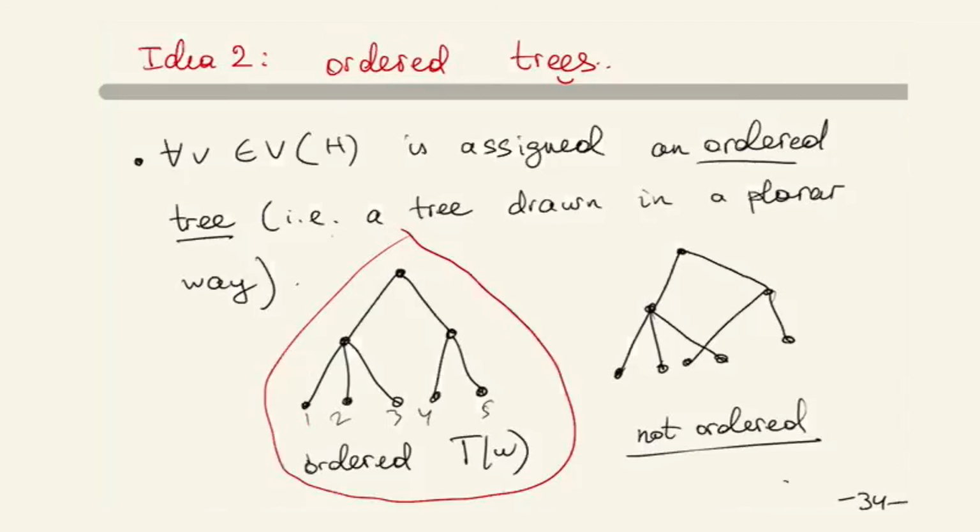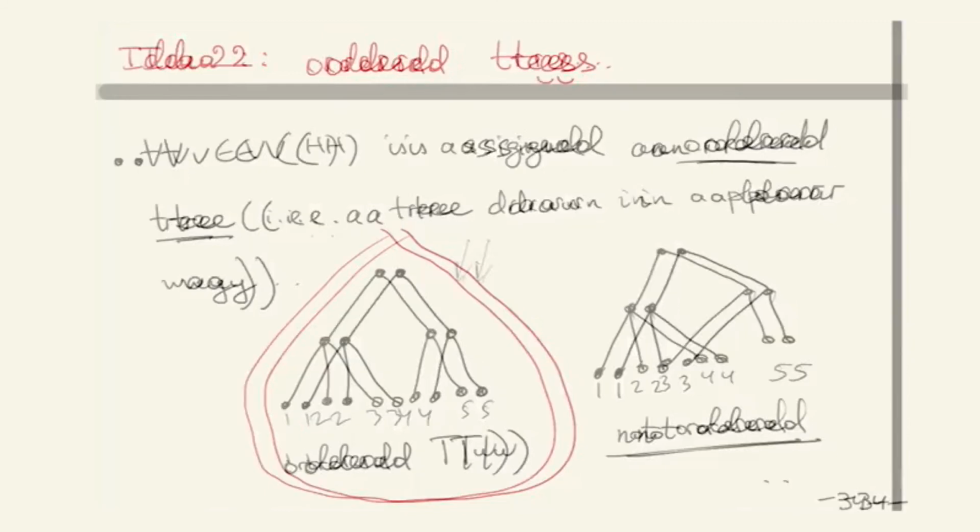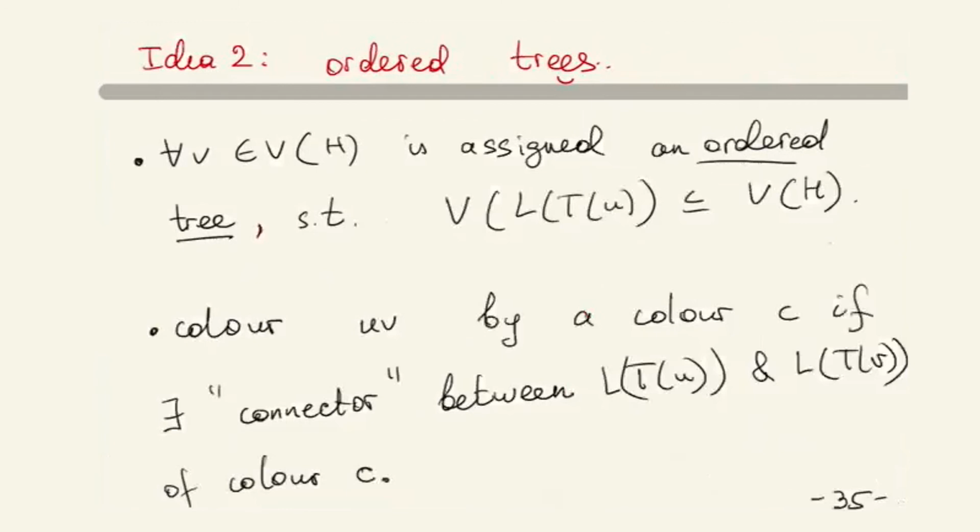It doesn't look like this; I don't have cross edges going like this, 1, 2, 3, 4, 5. It is actually important that we take ordered trees, but this is a technical detail. For every vertex in my vertex set, I assign an ordered tree.